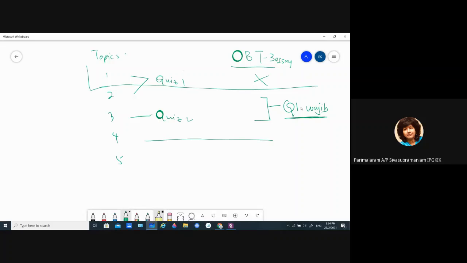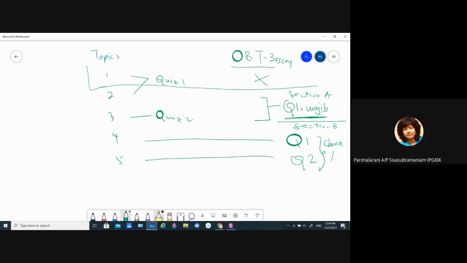Topic 4, we have 1 question. This is section A. Only 1 question, must answer. And then we have section B, question 1 and question 2. Choose 1. So you only have 2 essay questions.